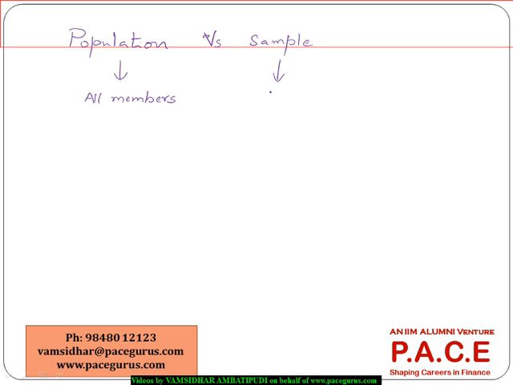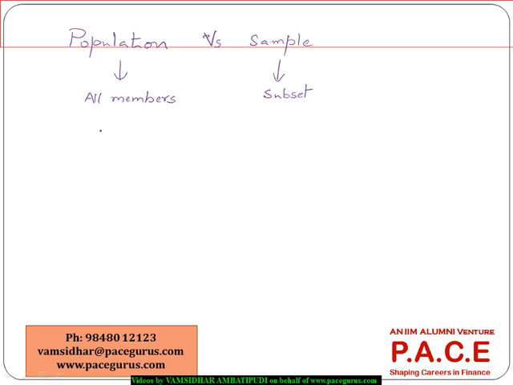Whereas if I am taking a subset of that particular group, and here it need not be people, it can even be returns data or prices data. If I am including almost all the data from the group, I am calling it population. But if I am taking any subset of it, I am calling it a sample.